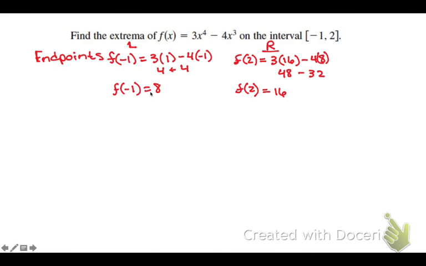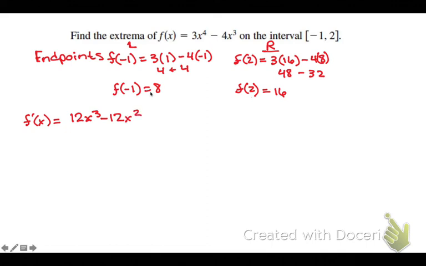Now I'm going to find my derivative. So you should have 12x to the third minus 12x squared, correct?